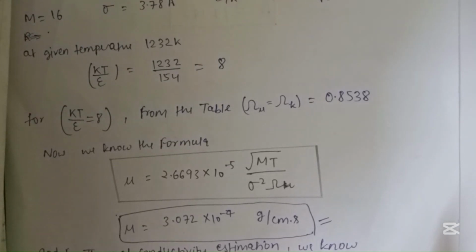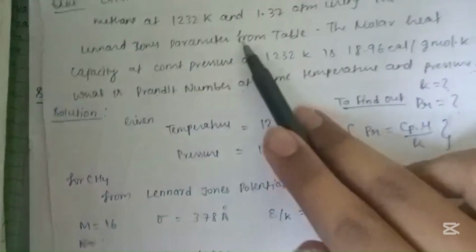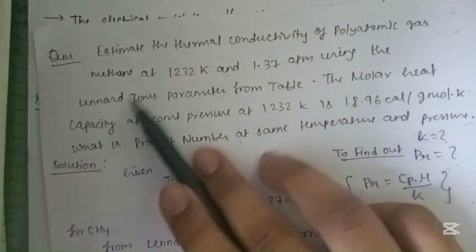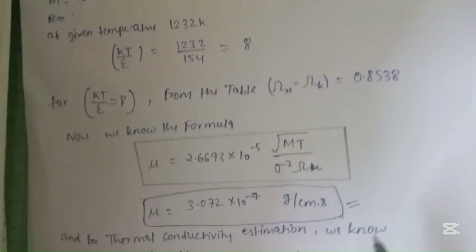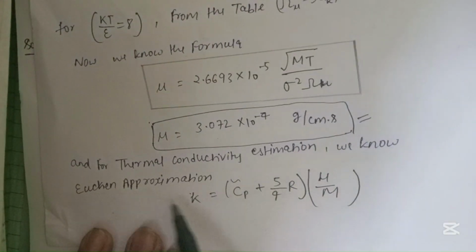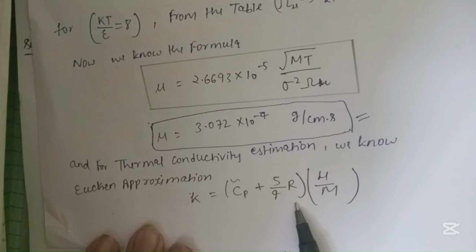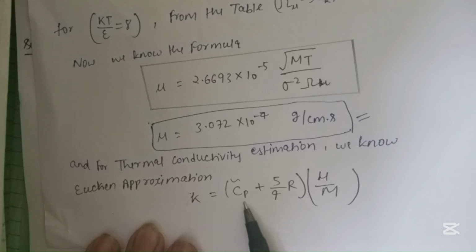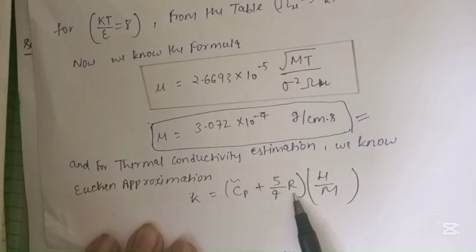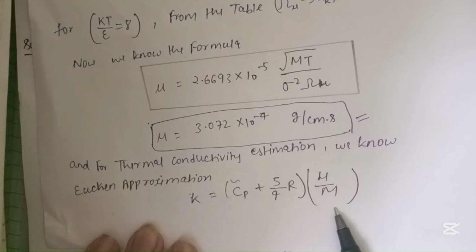Now we will calculate the thermal conductivity, as the question asks for the thermal conductivity of methane as well. The thermal conductivity is given by the Eucken approximation: K equals Cp plus 5 by 4 R, times mu by M, where K is the thermal conductivity, Cp is the molar heat capacity at constant pressure, R is the ideal gas constant, mu is the viscosity, and M is the molecular weight of methane.